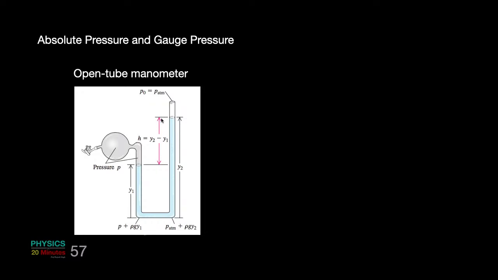So this is one way. Mercury is a very heavy liquid, so with the use of mercury, this becomes very small in size. But there is no restriction on you to use only mercury.